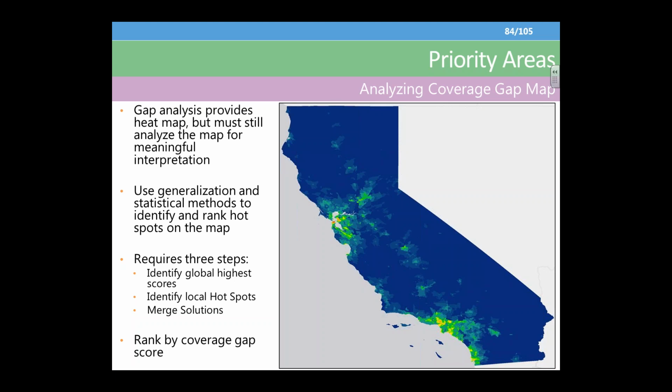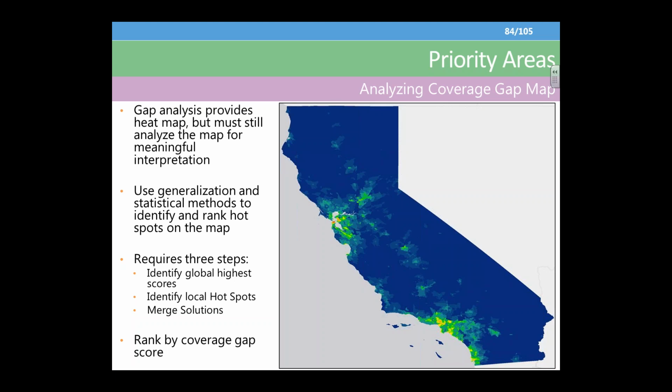So this was essentially a generalization and statistical analysis. It required 3 steps. First you look for the highest ranking areas throughout the entire state. You then try to find the hot spots throughout the state. This is slightly different because the hot spots analysis is statistical, and it finds the areas where locally you have a higher score than the areas surrounding.